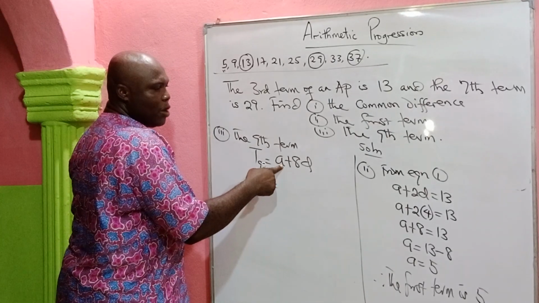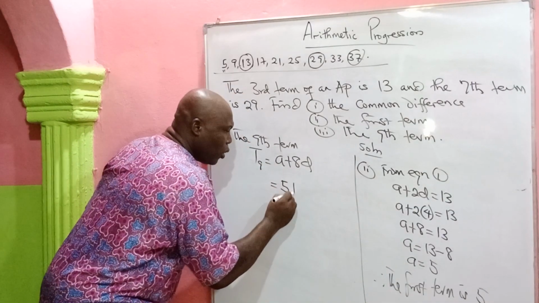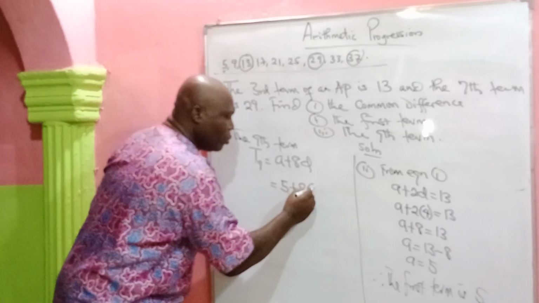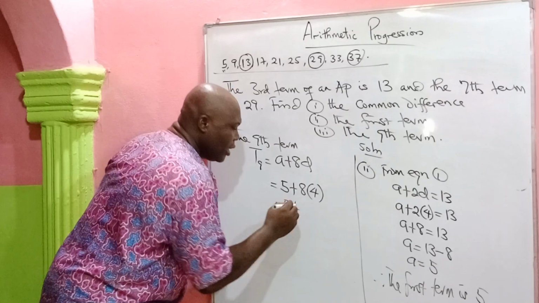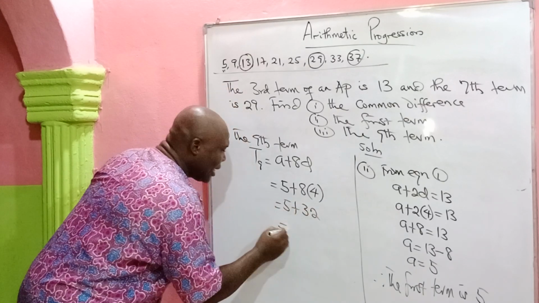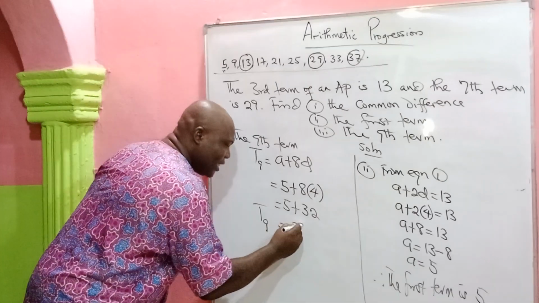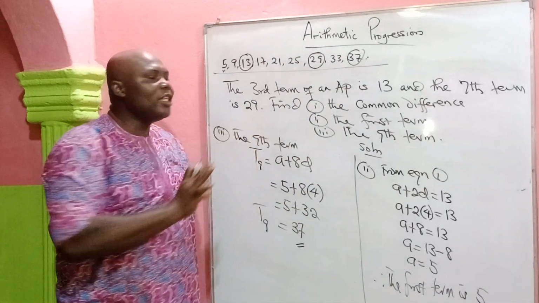We have calculated A, which is 5, plus 8 times the common difference, which we have calculated to be 4. So we have 5 plus 8 times 4. That's 32. That gives us the ninth term to be 5 plus 32, which is 37.